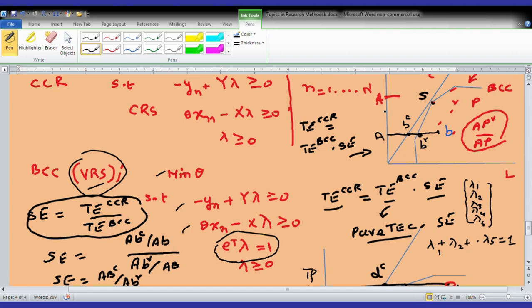If it exists, this formulation of BCC model where this additional constraint has been put does not allow us to see whether the scale efficiency is because of decreasing returns to scale or because of increasing returns to scale.